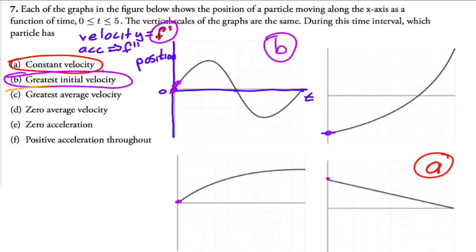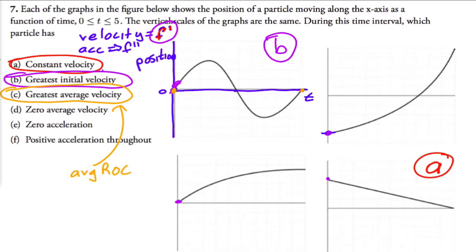Okay. Now for the greatest average velocity. Now average velocity, remember, average velocity and average rate of change, those two are exactly the same thing. Velocity is just a specific type of rate of change. So the average velocity, remember graphically, that's symbolized by the slope of the secant line.